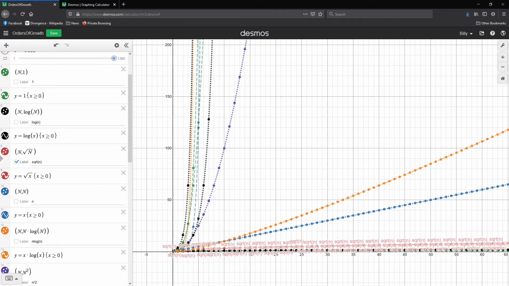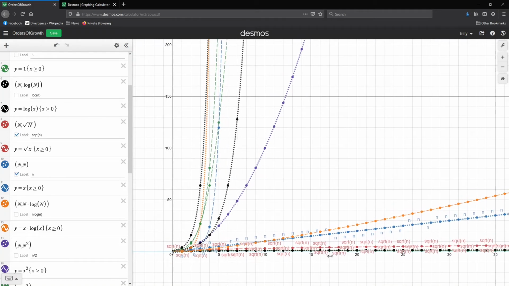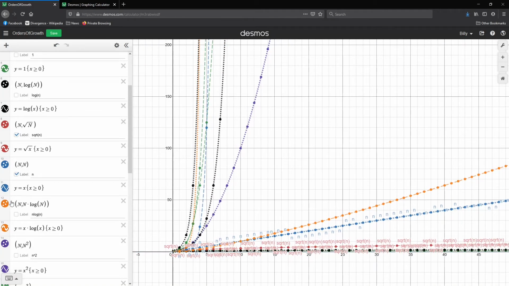This blue dotted line right here now is representing the linear function n, and this orange dashed line is the function n times log n. You see, just like before, n is strictly dominating the function square root of n, which is being strictly dominated by the function n times log n.